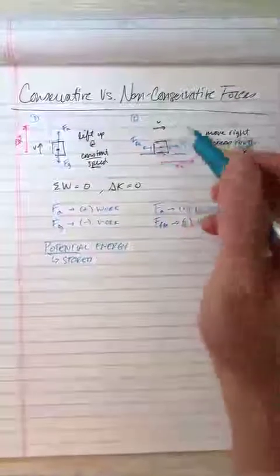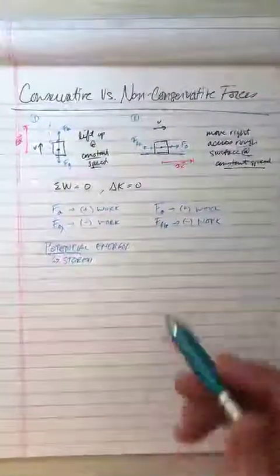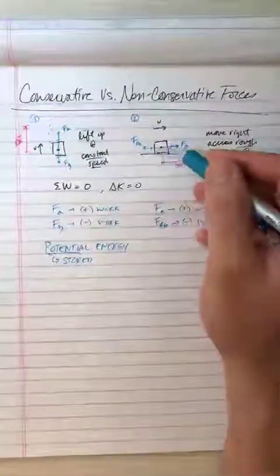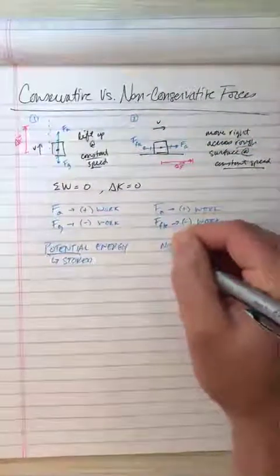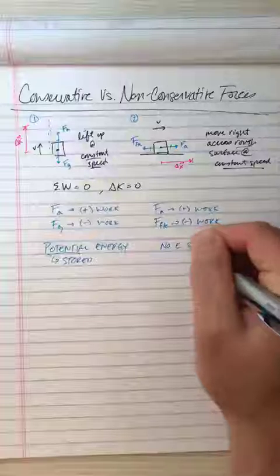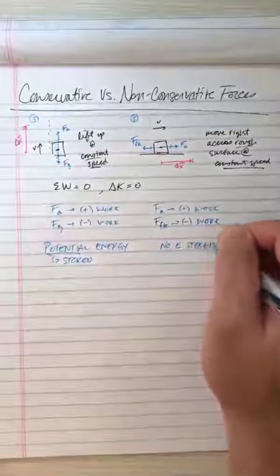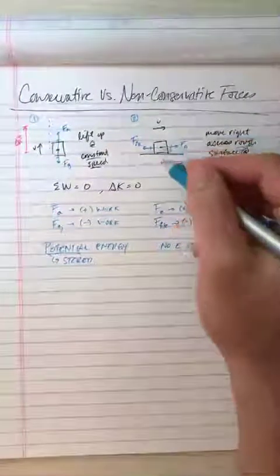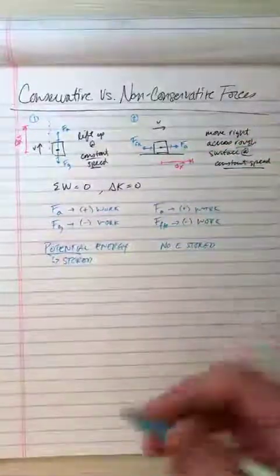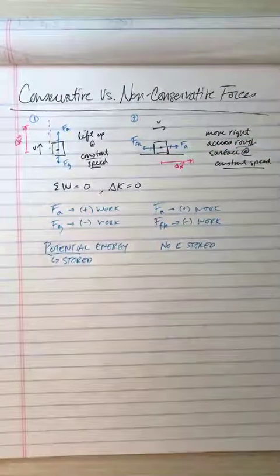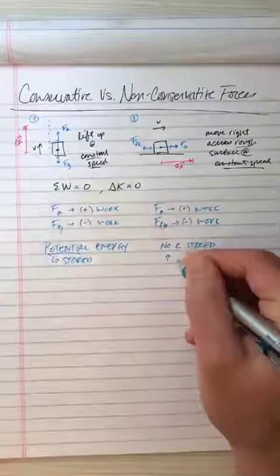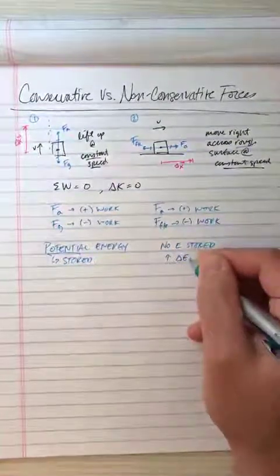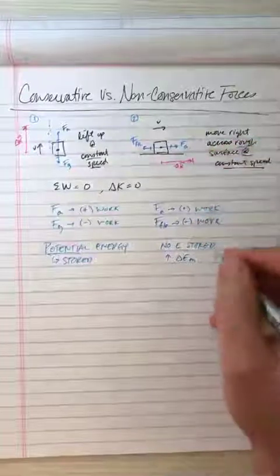What about this box? Where's that energy going? Well, in this case, when I push a box across a surface at a constant speed, there's no energy being stored. All the interaction between the box and the table is doing is creating vibrations in both of those objects that's increasing the thermal energy of both objects or the system.